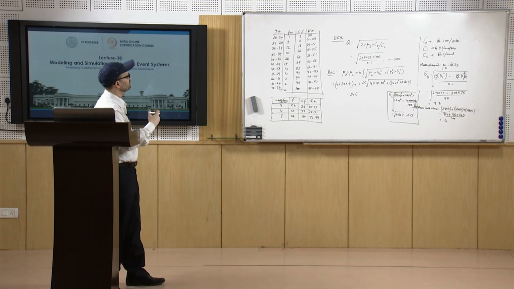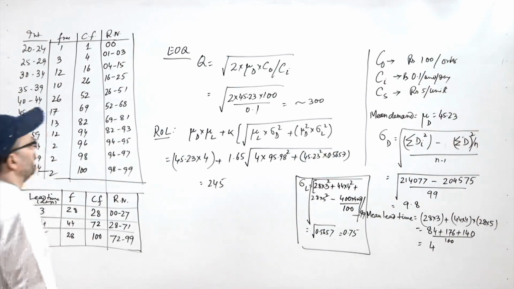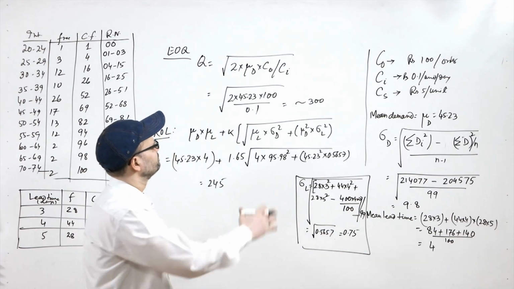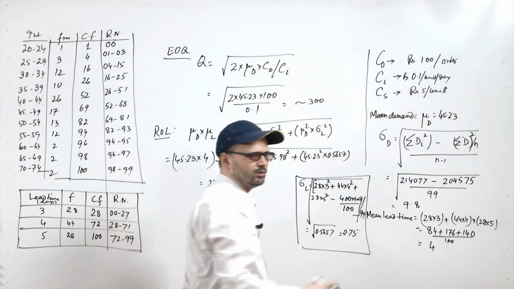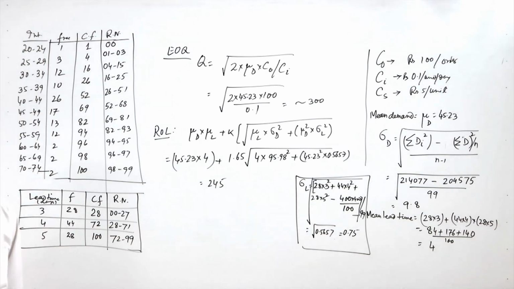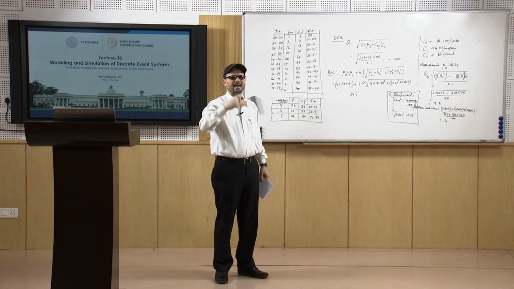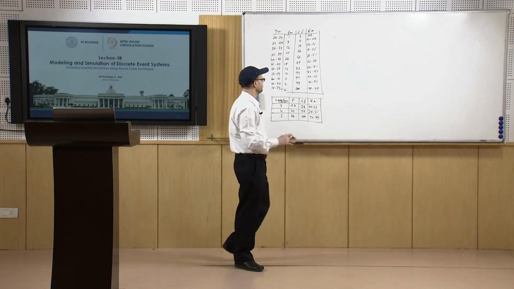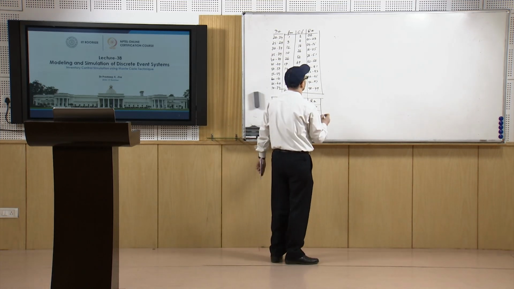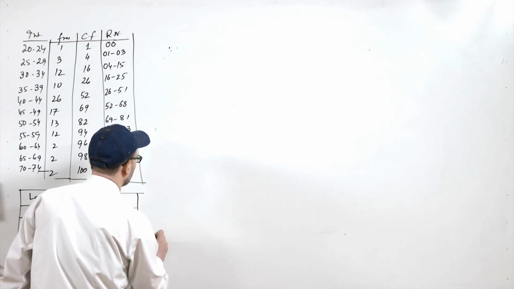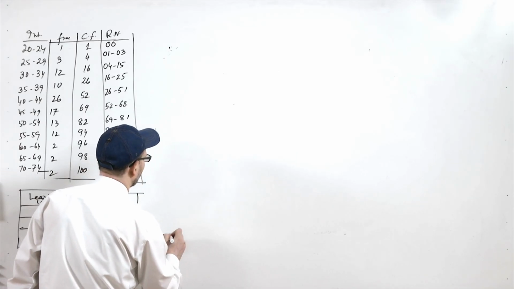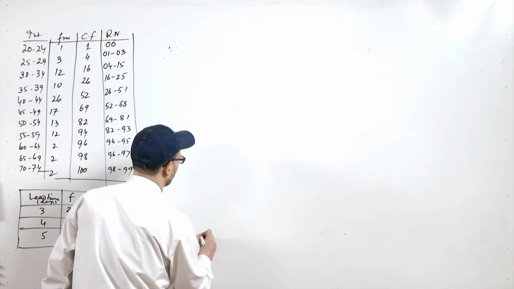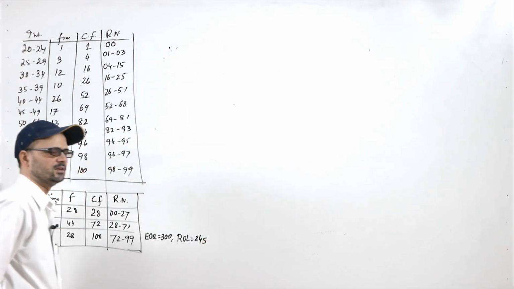How to start this simulation: you have got all these values, you need these for the calculations. How to do the rest of the simulation as time progresses? Since we have computed the economic order quantity as 300 and the reorder level as 245, now we will start the simulation.